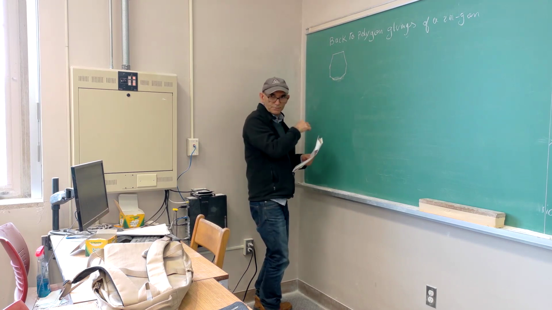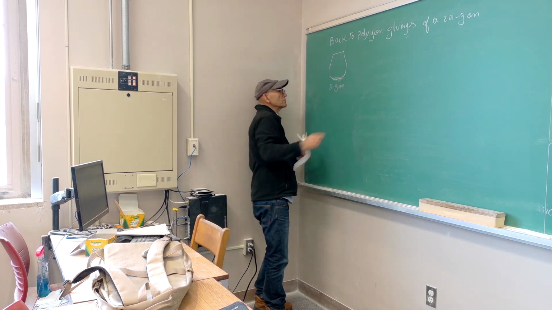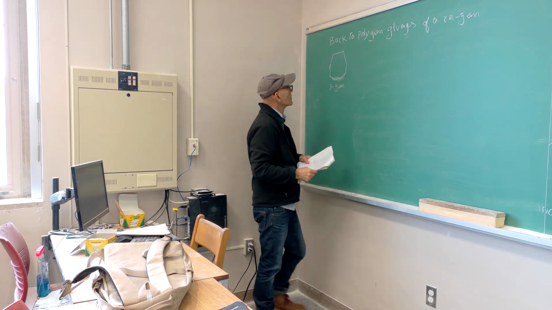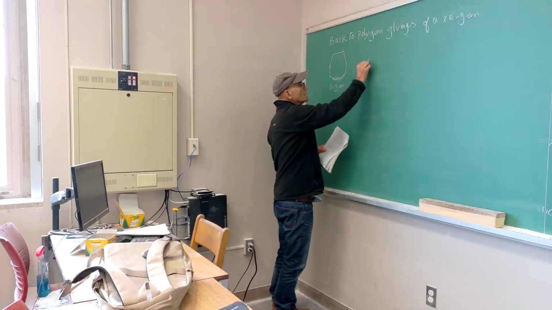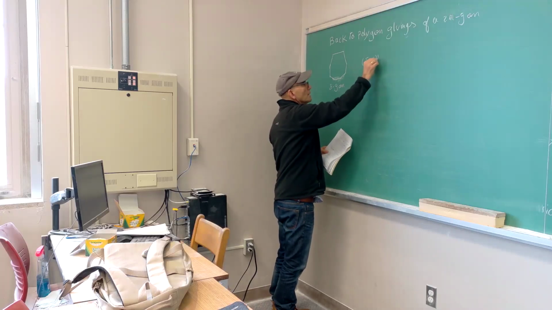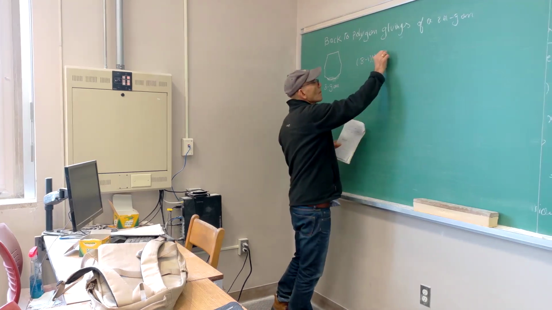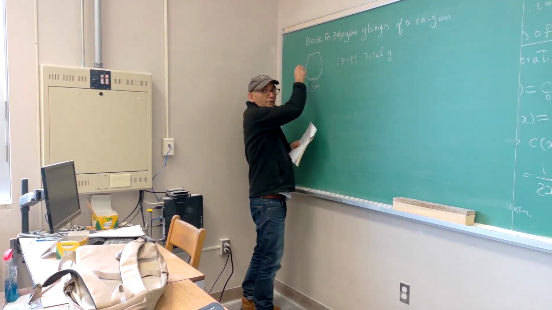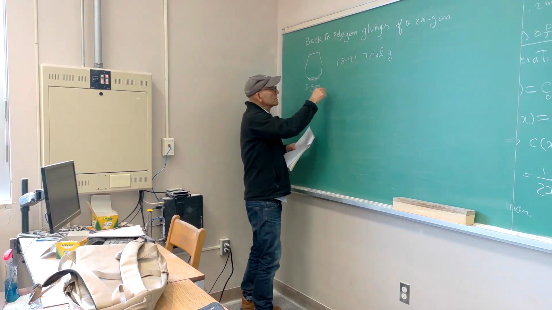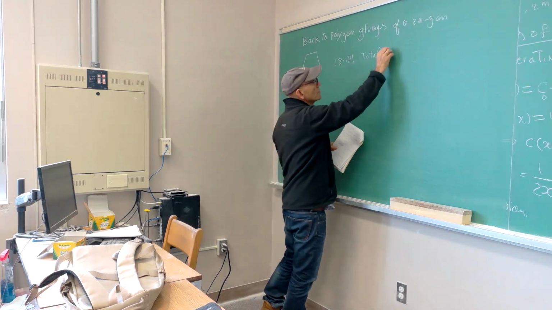This is an 8-gon, right? So we have (8 minus 1) double factorial total gluings, depending on all these pairings that we can do for these 8 edges of the polygon.